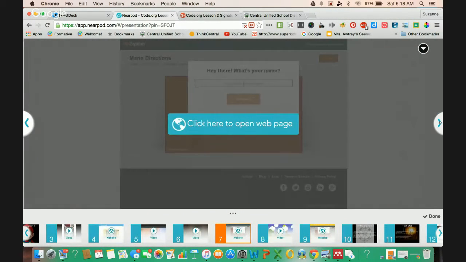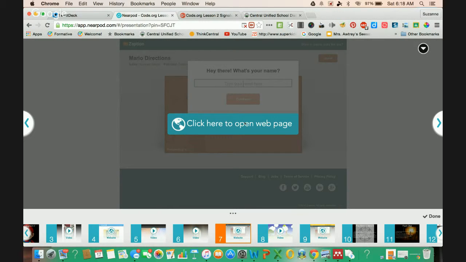Then I would have the students review that, recite that, and teach. They would turn and talk to their partner about what the word program means.